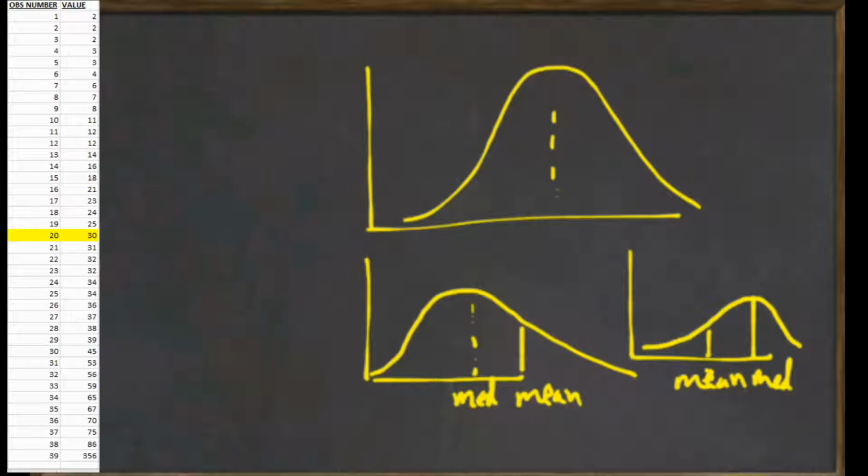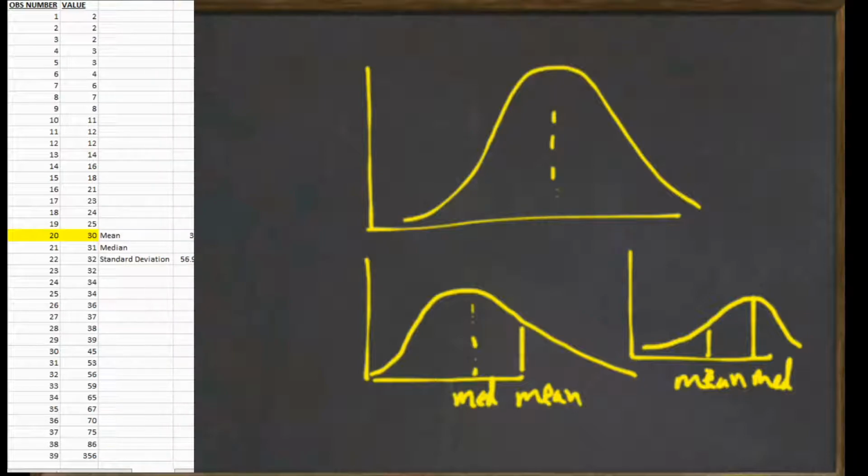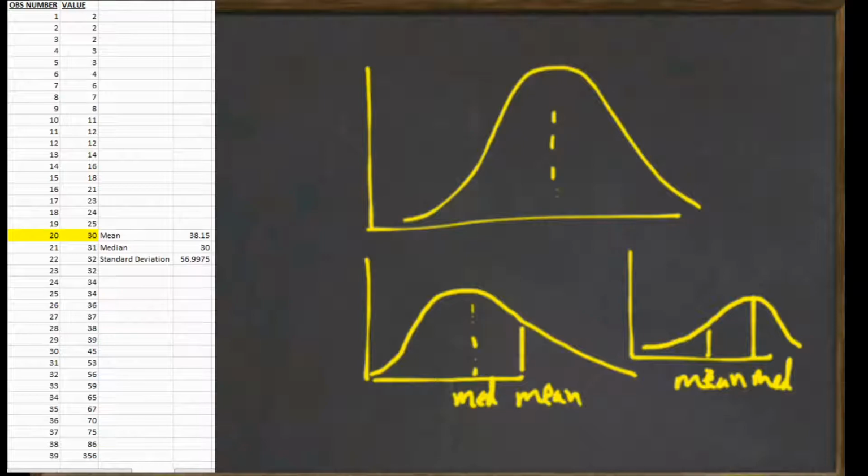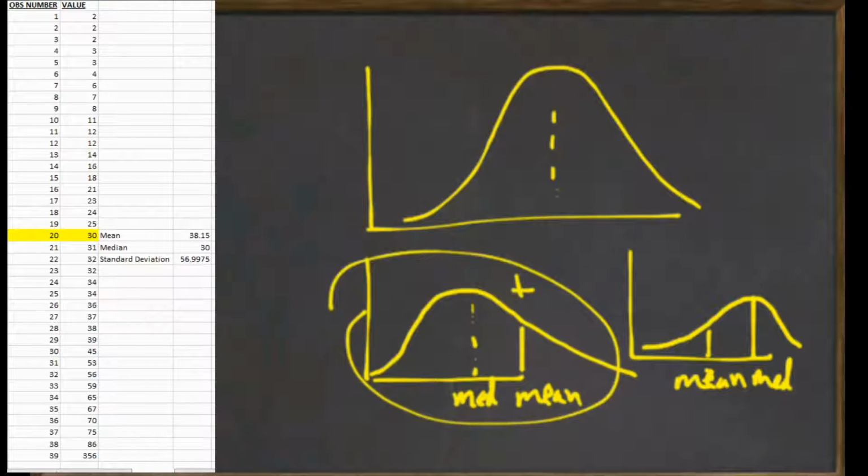So 19 are below and 19 are above. If we simply calculate the mean, the mean in this data set is 38.15. So right there, we can assume that our skew is going to be what? We have a mean greater than the median, so we're going to have a positive skew, as opposed to the negative skew.